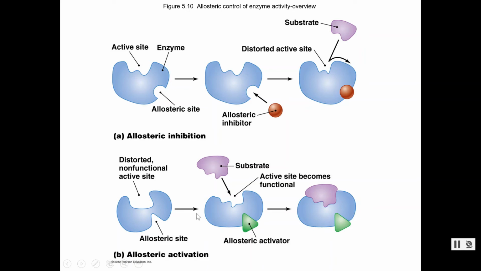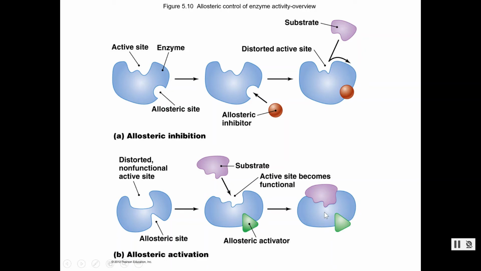And in this case, you can have an allosteric activator. Allosteric because it's going to bind somewhere other than the active site. And it's classified as an activator because when it binds, the active site changes shape and now it becomes functional. Now it's going to fit the substrate. So when the allosteric activator is bound, I get a fully functional enzyme.